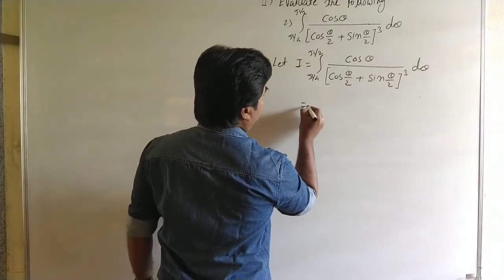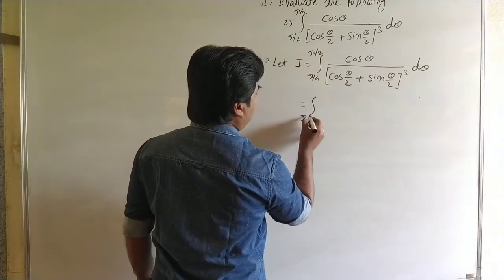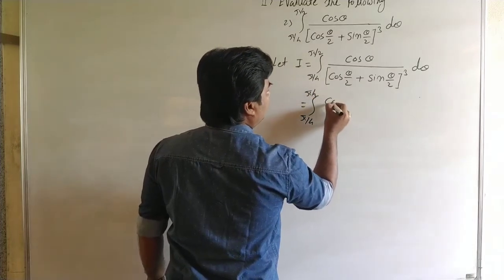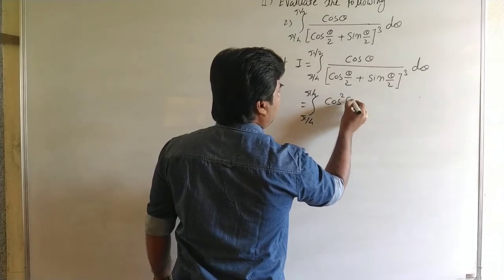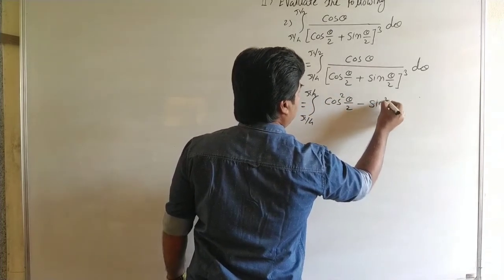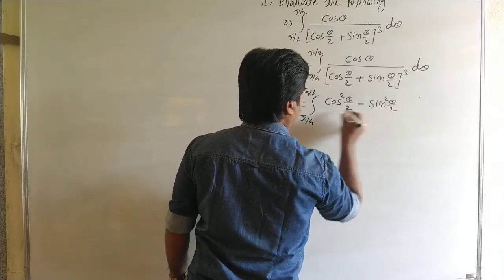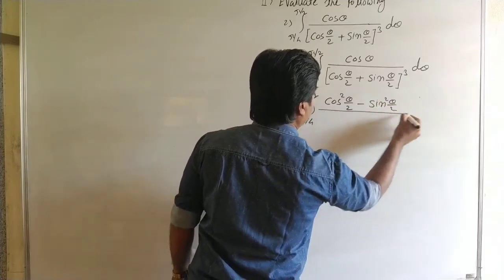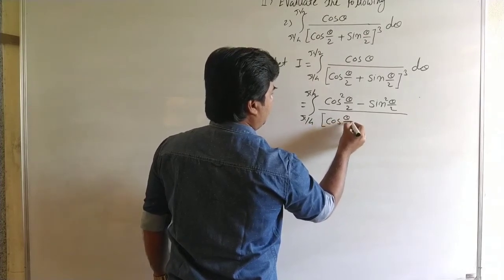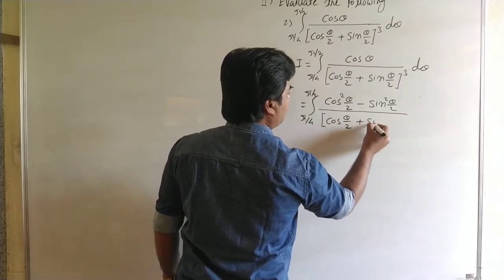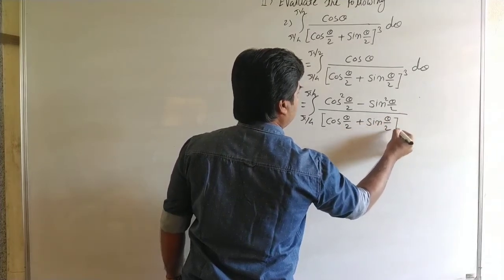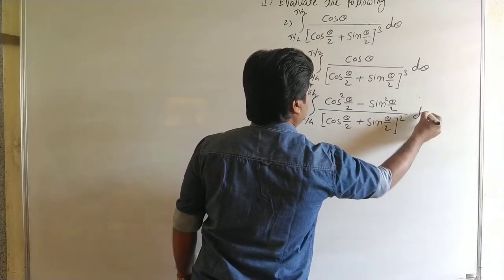It is integral pi by 4 to pi by 2 cos square theta by 2 minus sin square theta by 2 whole upon cos theta by 2 plus sin theta by 2 whole square, d theta.